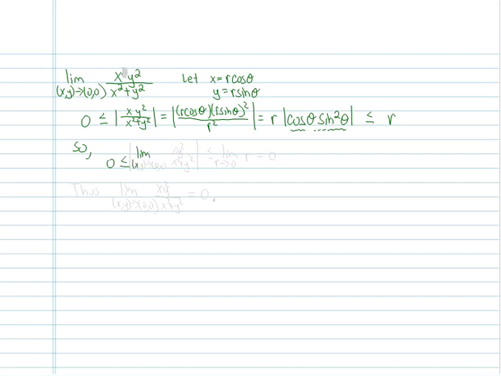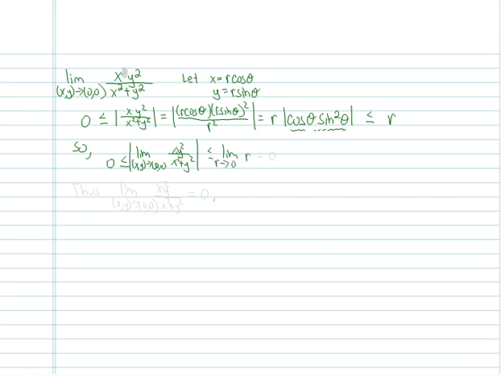That means that as we're looking at the limit comparison we generated in the previous line, the limit for that function as x and y approach 0, 0 is going to be less than or equal to the limit as r approaches 0.